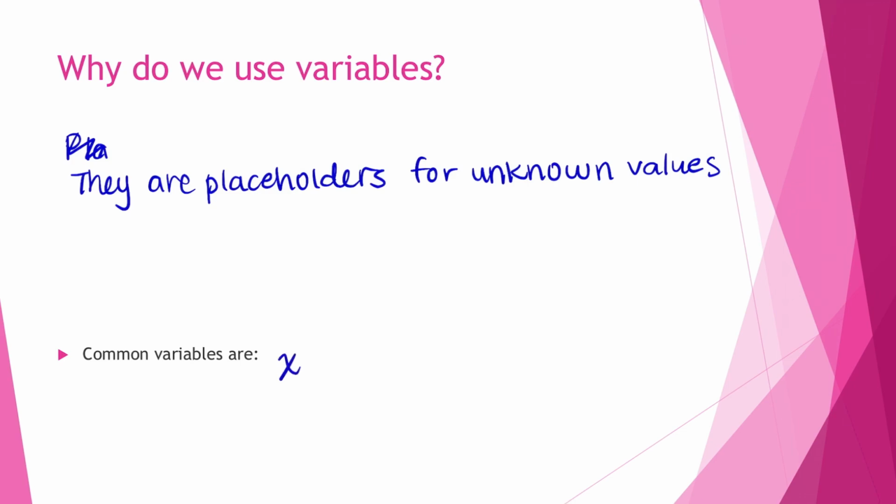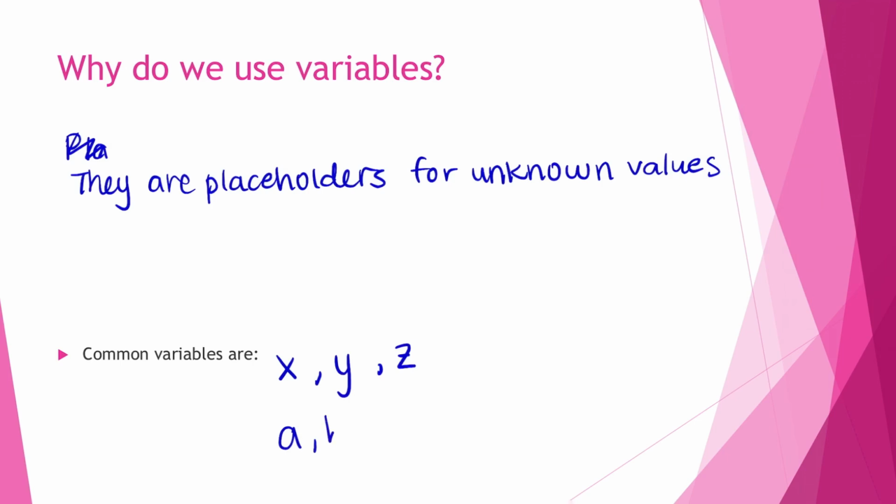So the most common variables you're going to see are X, and often I'll write my X kind of like this, but honestly you can just write it as like a normal X. Y is a really common one, and you'll often see them kind of in pairs. Sometimes you'll see Z. I usually write my Z's like this because otherwise to me it looks like a 2.